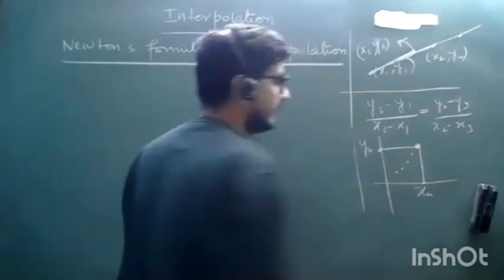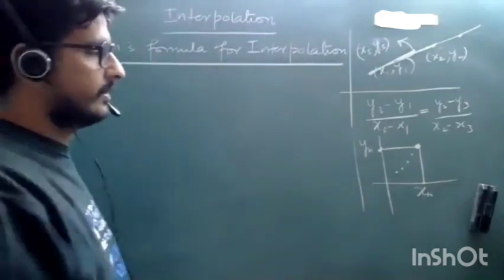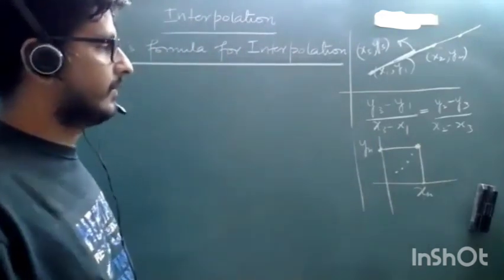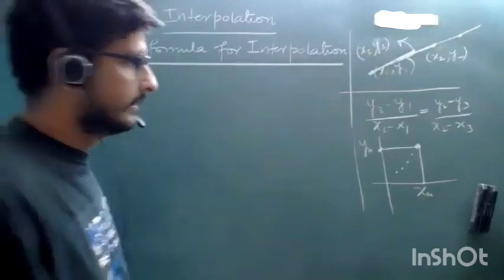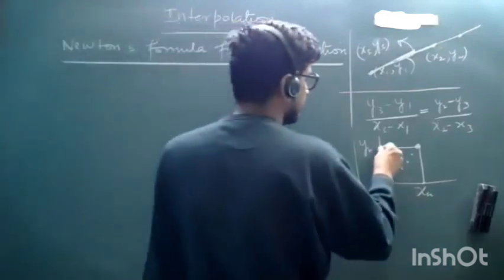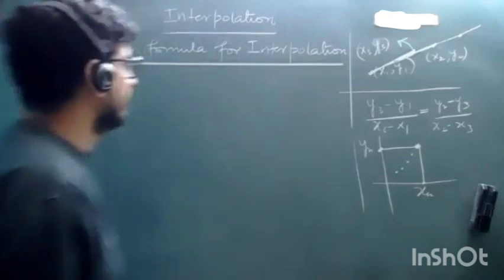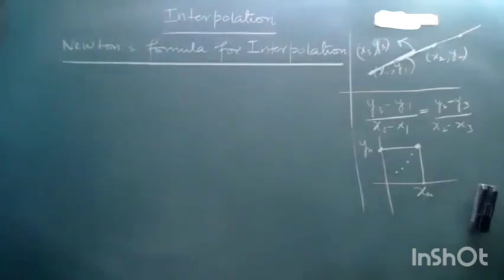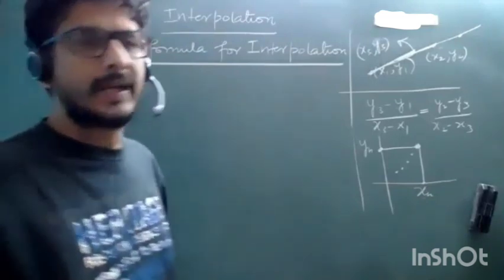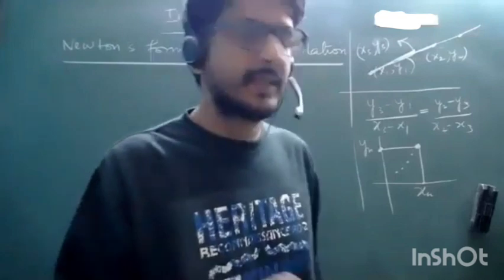Because xn will be known, because we know at which point we want to calculate the value of yn. So this will be known, only this is the problem. This we will calculate. So here write the formula itself and we will be using it. We will not derive it. We will not derive any of the numerical techniques formulas. We will just use it. Okay.